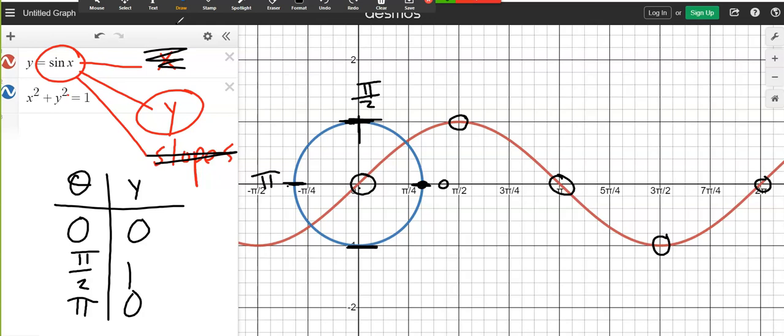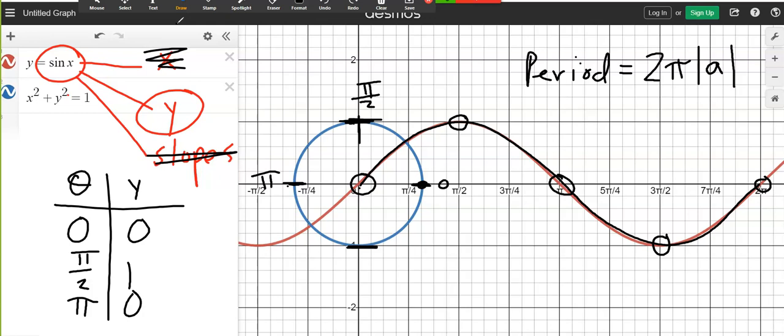Now, the period of the function. Period means the length it takes to complete one cycle. Well, that's 2 pi normally, right? We do have to multiply it by the absolute value of the stretch factor.